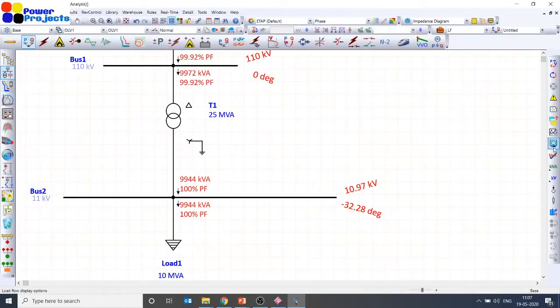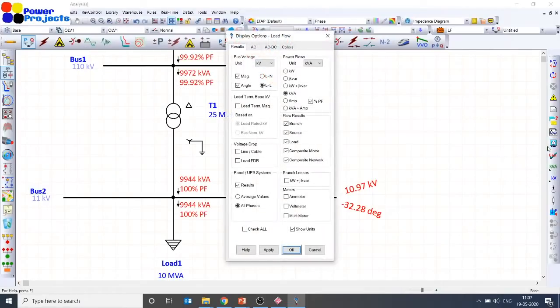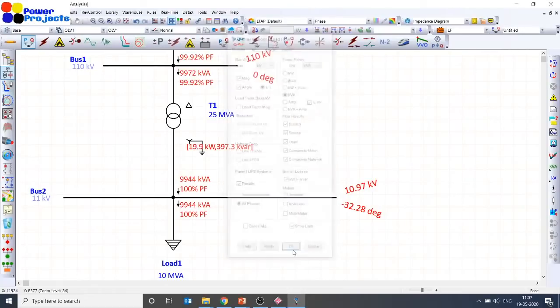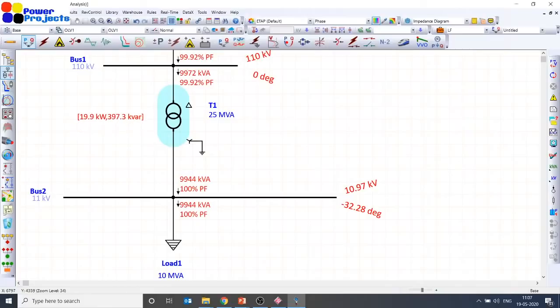Why is the power factor not unity? Because there are some real and reactive power losses in the transformer. Though the load is not drawing any reactive power, the transformer is drawing reactive power from the system, and hence the power factor is not unity. That's because of the reactive power loss in the transformer.